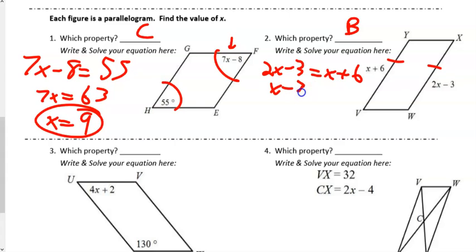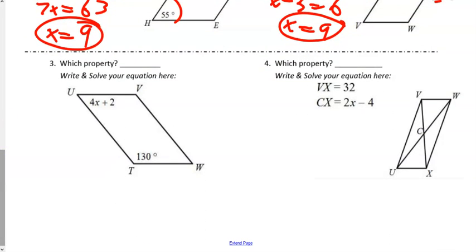I get x minus 3 equals 6. Add 3 to both sides. Again, I have 9. It's always good to check your math. So let's plug it in. Plug it in here. 9 plus 6 is 15. Good. Plug it in here. 2 times 9 is 18, minus 3 is, bingo, 15.